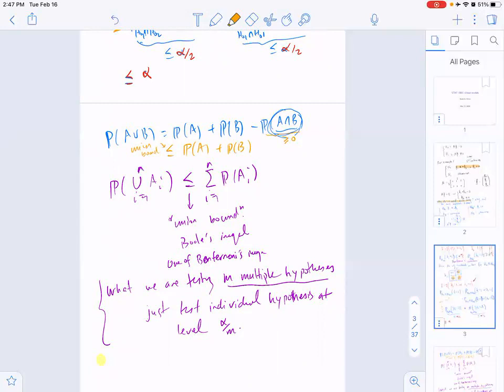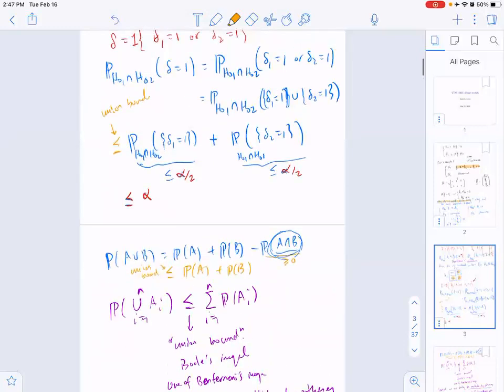Because alpha over m is going to be very small, you're going to be very conservative in rejecting the null. Asymptotically, when m goes to infinity, you're not ever going to reject the null, to make sure that your type 1 error probability is bounded by alpha.